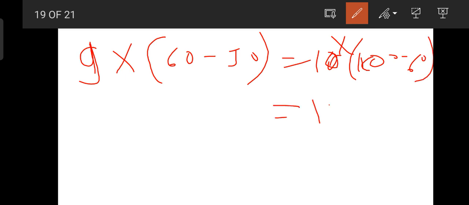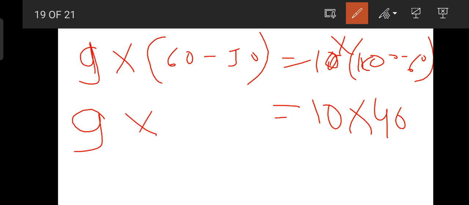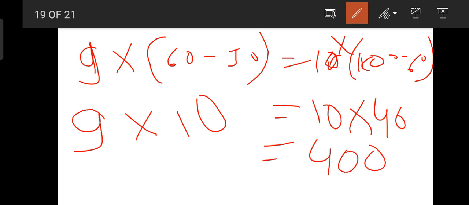So here will be 10 into 40, and here G into 10. So here will be 400 and here will be G into 10.